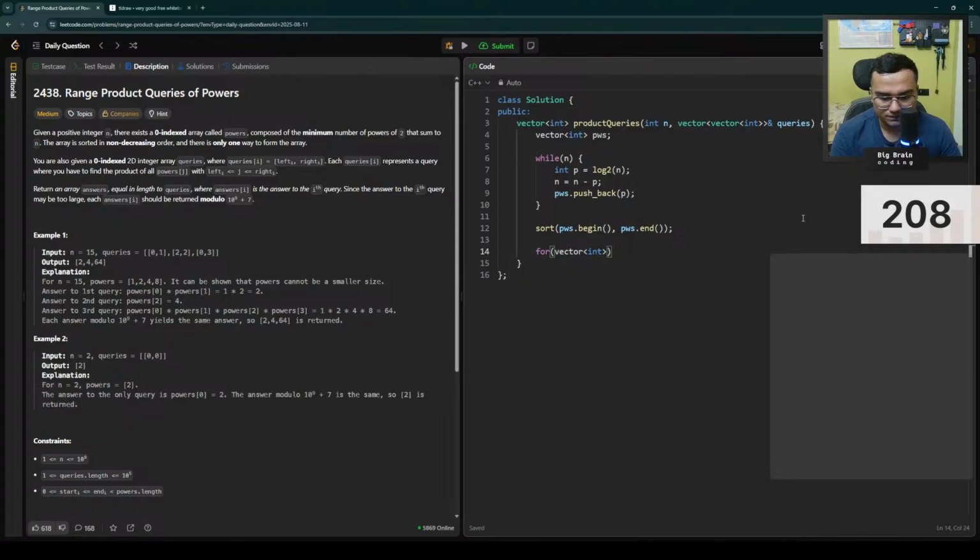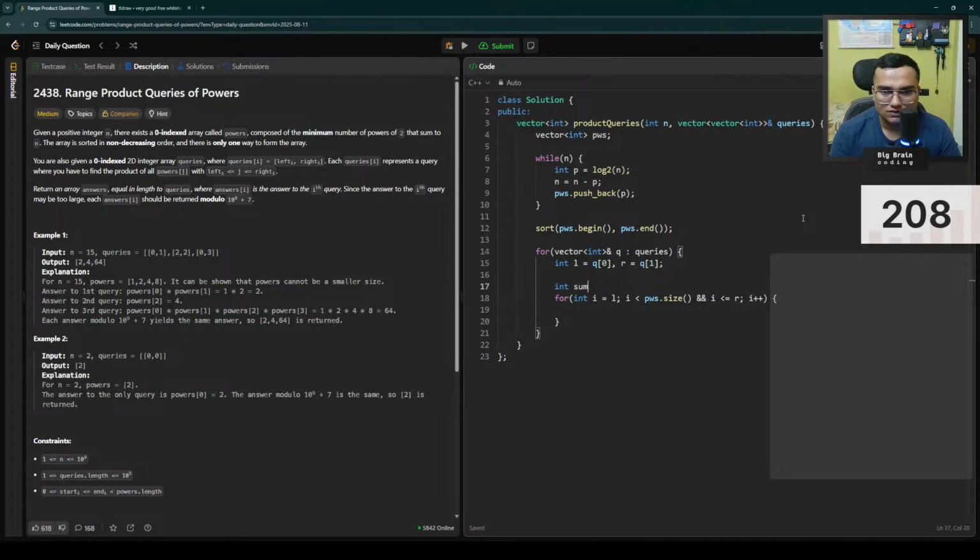So for each q in queries, L equals Q0, R equals Q1, int i equals L, i is less than pws.size, and i is less than R, i plus plus.